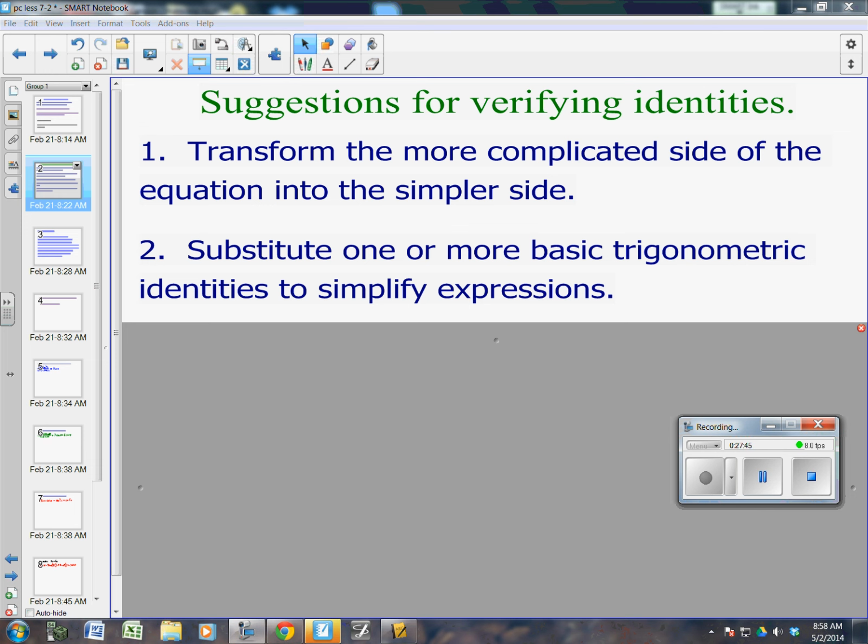Or for sine squared of theta plus cosine squared of theta, you can substitute 1. There's a lot of substitutions you have to look for. If you memorize the identities, it'll make this so much easier because you will see something and say, I know that there's an identity for that. And you can substitute it into something simpler, and it makes it a lot easier.